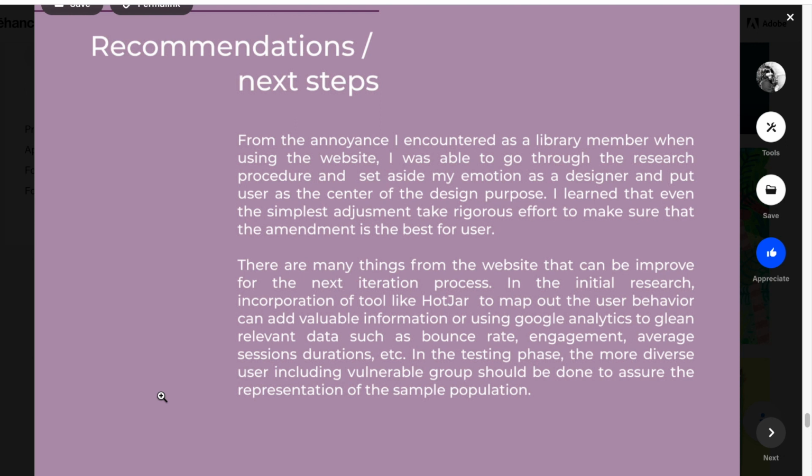For example, incorporating another tool like Hotjar to map out user behavior, which can add valuable information, or using Google Analytics to glean relevant data such as the bounce rate, engagement, and the pages with the most exits. Also, in the testing phase, more diverse users can be included, including vulnerable groups, so we can ensure that the representation of the sample population is reached.